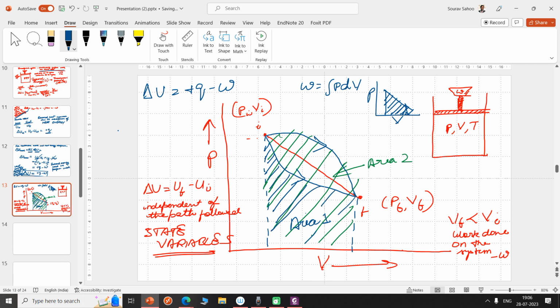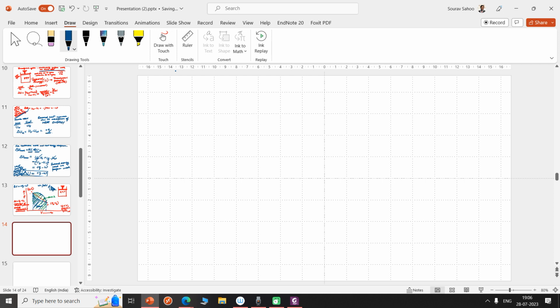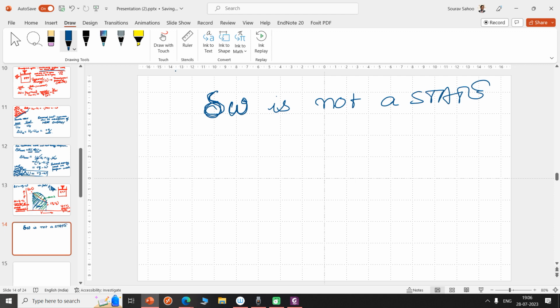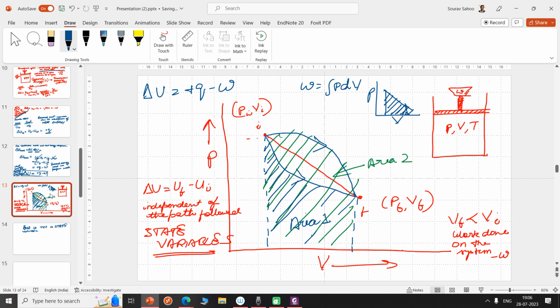So that tells us my delta W, the infinitesimal work that has been done on the system or work performed by the system, is not a state variable. Now, very important for us to remember that even though it's not a state variable, we are still relating it with the thermodynamic state variable of internal energy, and so do we for the heat energy.